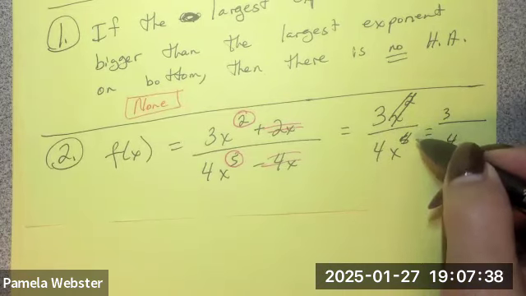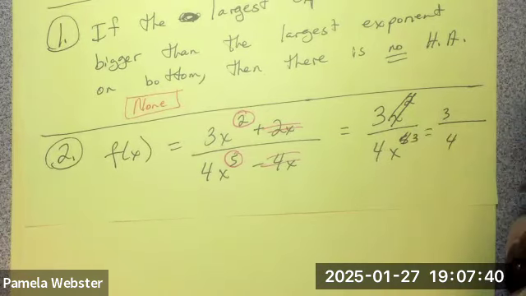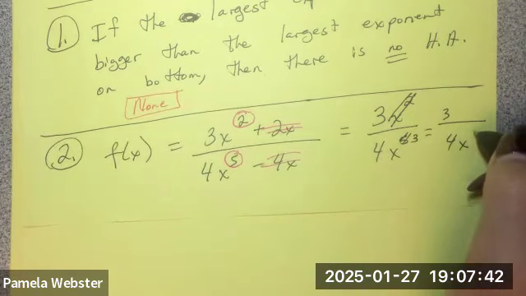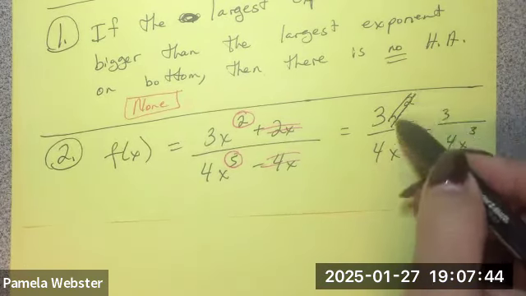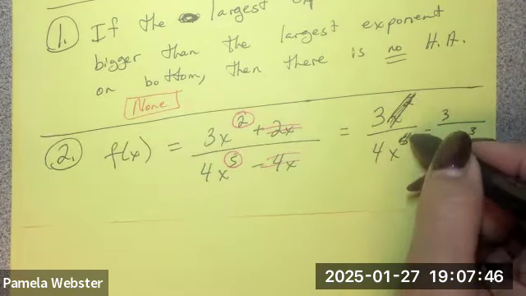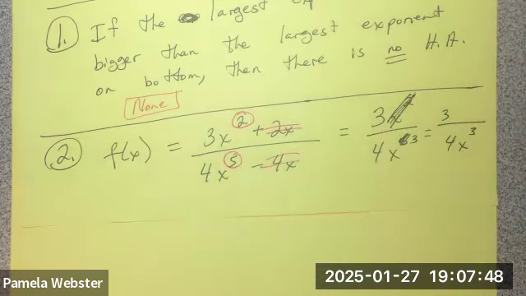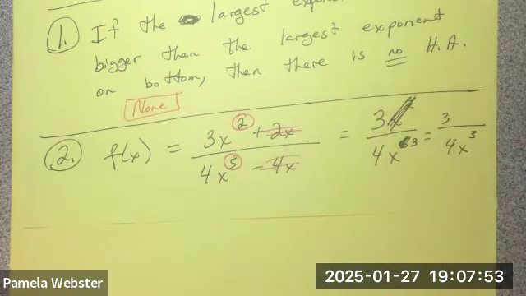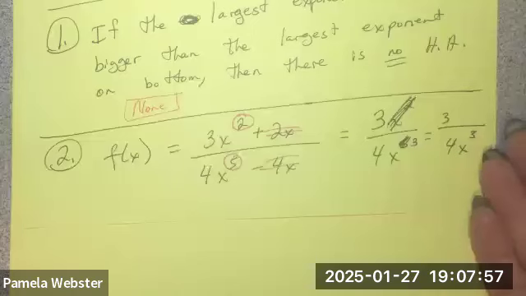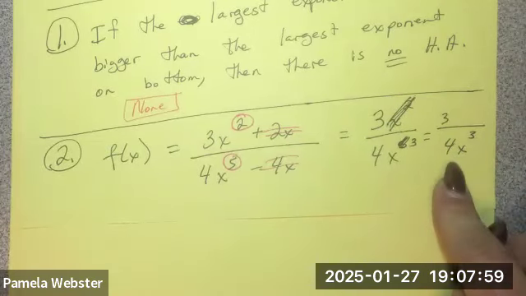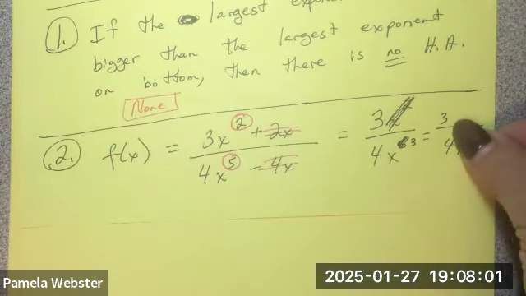Hopefully you've done some of your exponent review. This becomes x to the third, right? Basically, you can cancel out or reduce out 2 of those with 2 of those. Okay. So what's happening here is that I've got x to the third. It doesn't have to be x to the third. It could just be x to the first. But I've got some x's on the bottom. And when I reduce this, I don't have any x's left over on the top.